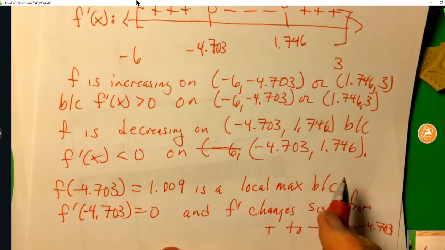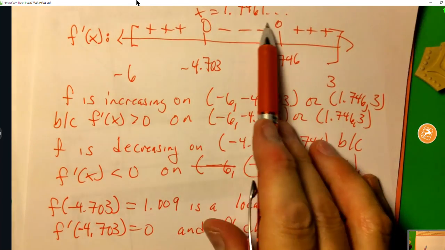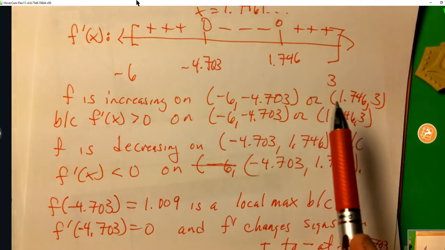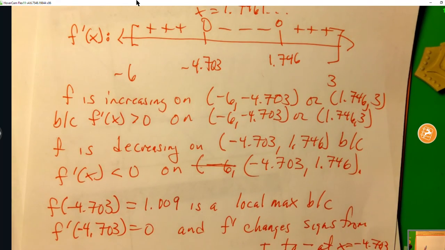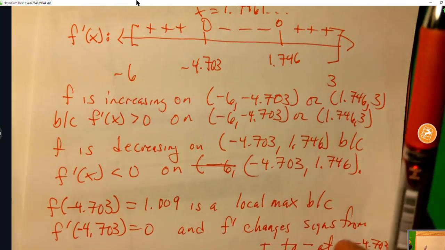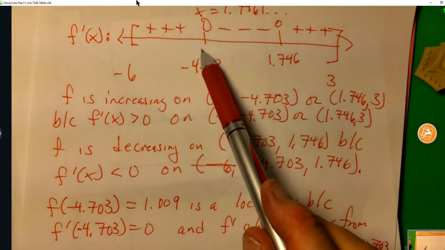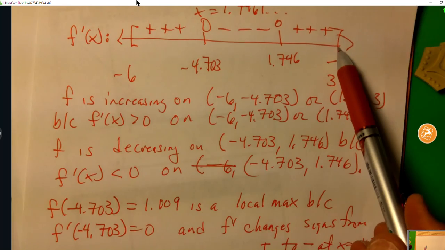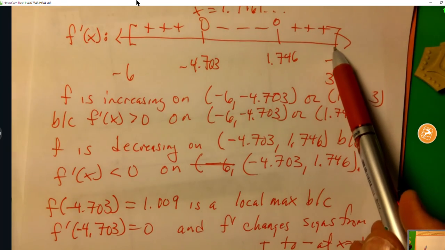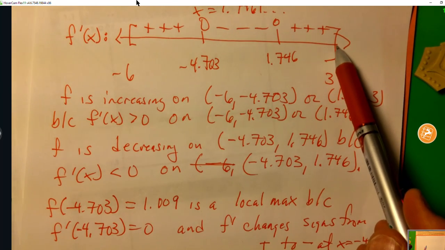I'm going to write the corresponding answer in justification for this being a local maximum. However, I am also on a closed interval. So folks, not only is this a local maximum, but this is going to be a global maximum over here because it's increasing.